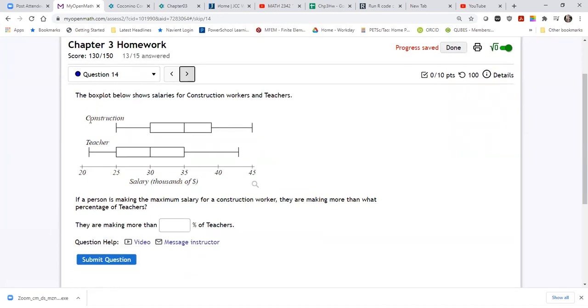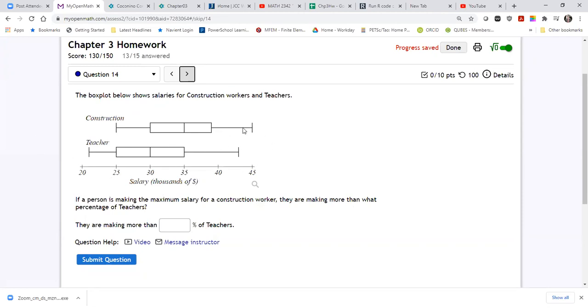So there are two plots here. Okay. So this is one of the important things that you can use a plot for. If you want to compare, like, the salary of two groups of people, the construction workers and the teachers, right? A person making the maximum salary for the construction worker, which is this one, right? They are making more than what percentage of teachers? So this will include everything here, right?